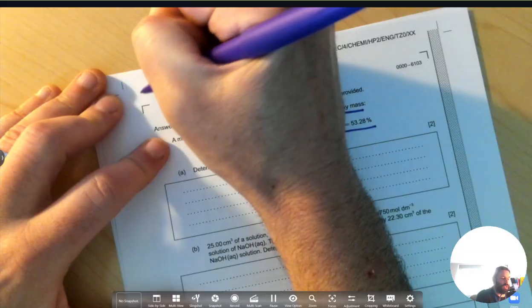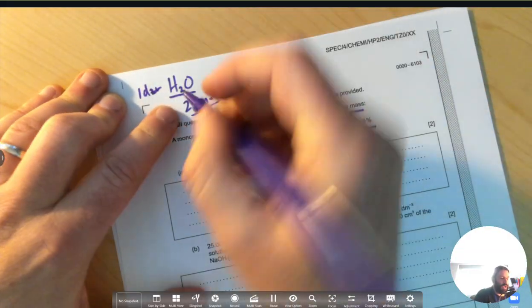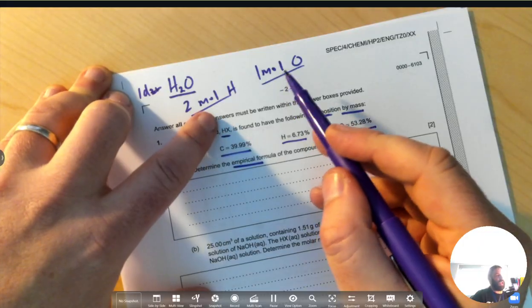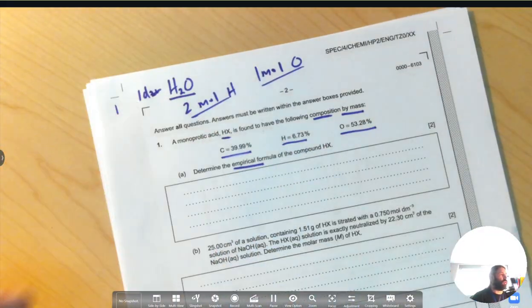If I had 1 dozen water molecules, I would have 2 dozen H and 1 dozen O. The mole concept is exactly the same, so 2 moles of H, 1 mole of O.